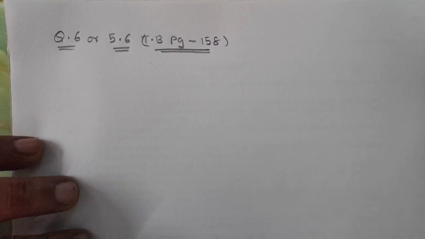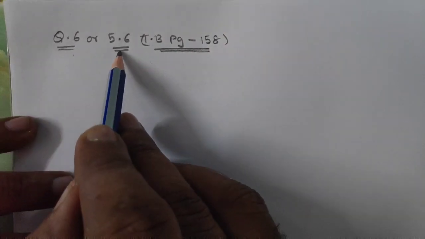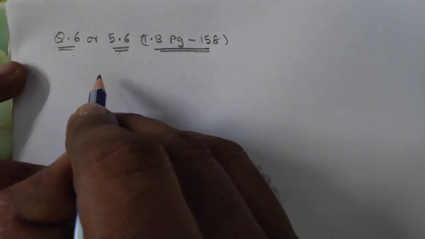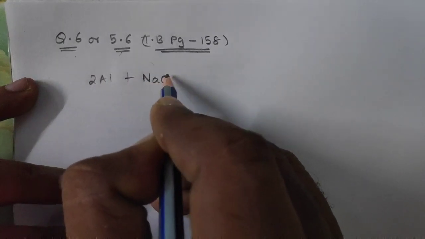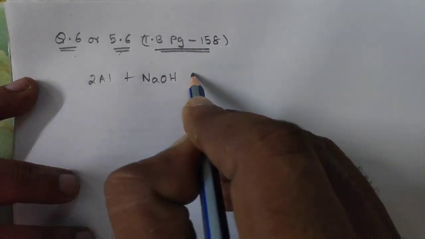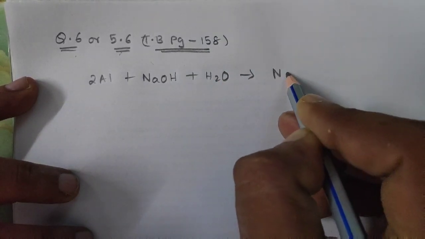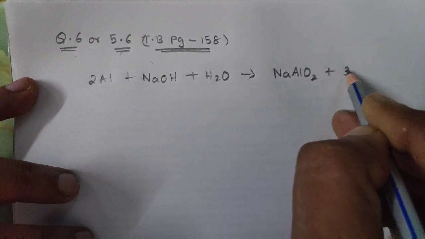Now question 5.6 in your textbook, page 158. If you see here, aluminium when it reacts with NaOH in the presence of water gives sodium aluminate, NaAlO2, plus 3H2O.